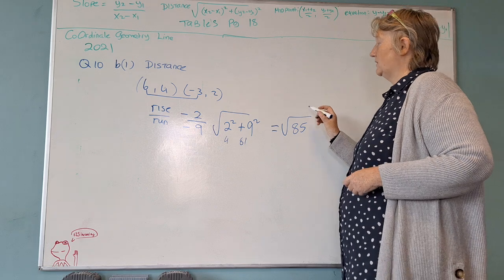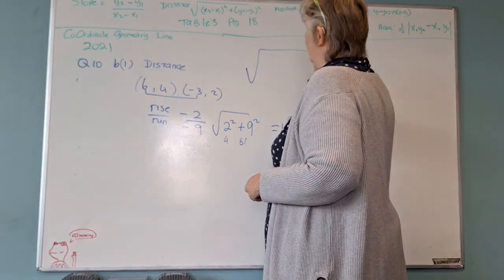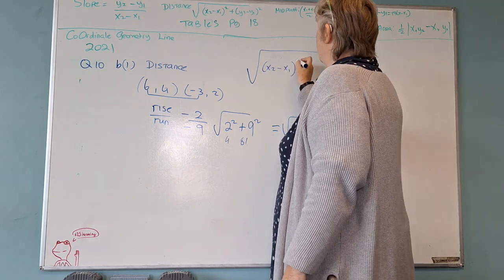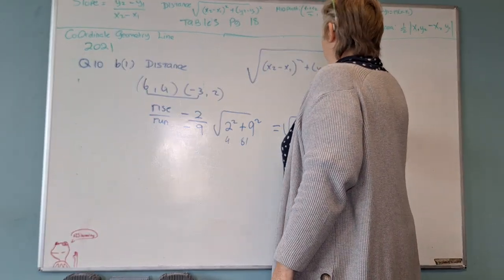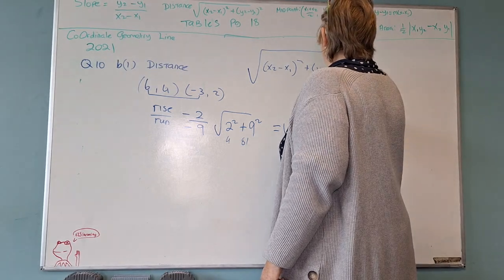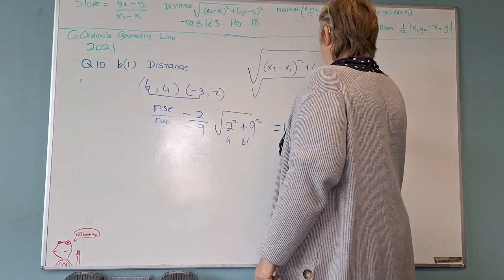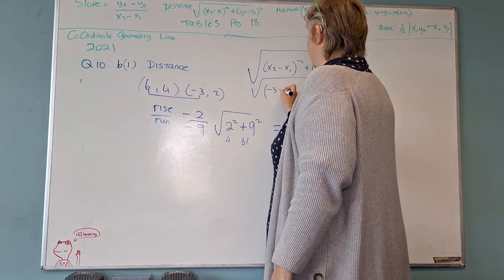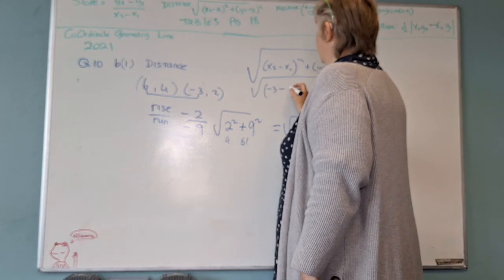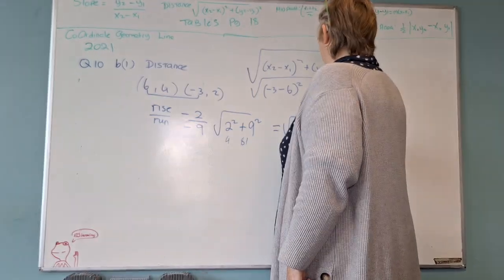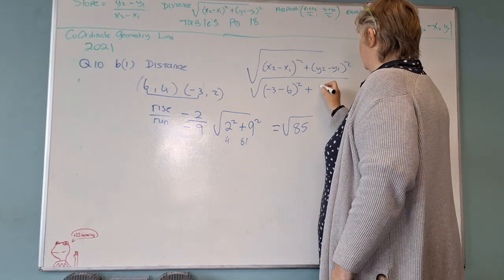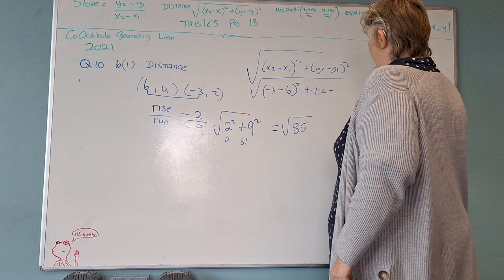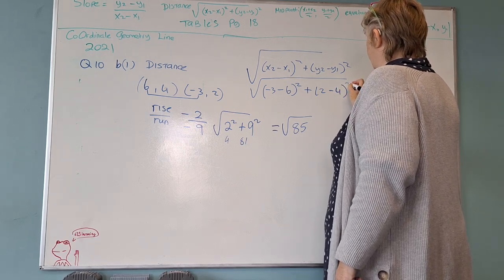To get the distance using the formula, it is the square root of x2 minus x1 to be squared plus y2 minus y1 to be squared. So it is the square root of x2 is minus 3 minus x1 is 6 to be squared, plus y2 is 2 minus 4, which is y1, to be squared.